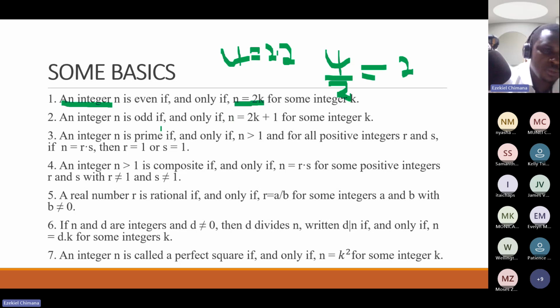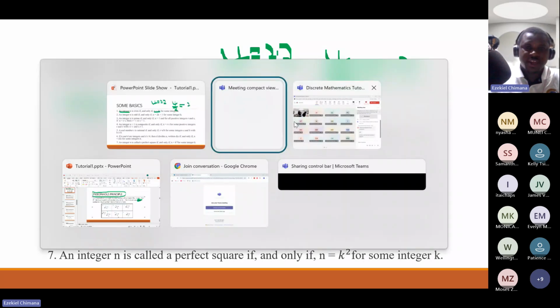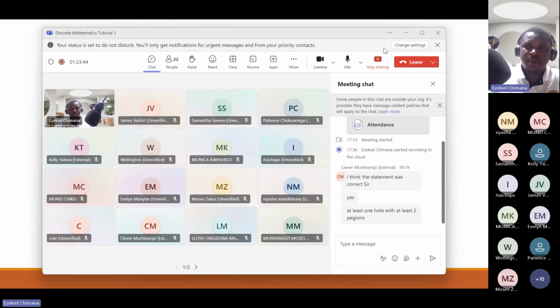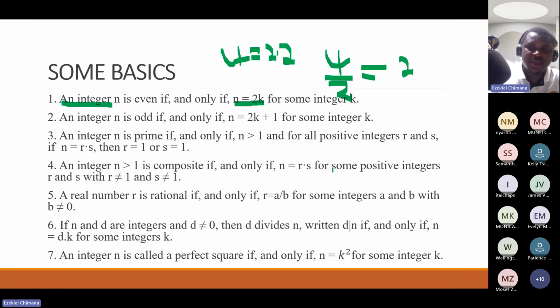What about odd numbers? You need to know that if n is odd, it means that n will be equal to 2k plus 1. Why? Because whenever you divide any odd number by 2, you're always going to get a remainder 1. So it will be 2k plus 1: 2 times the factor, and then plus 1.